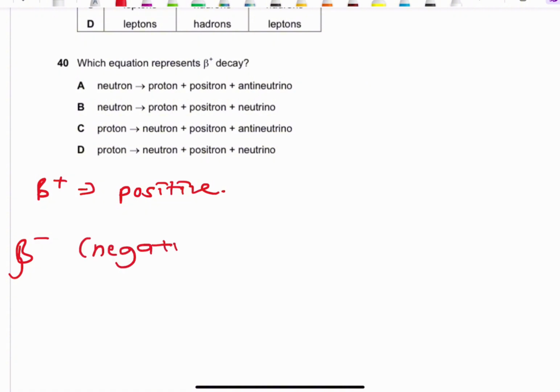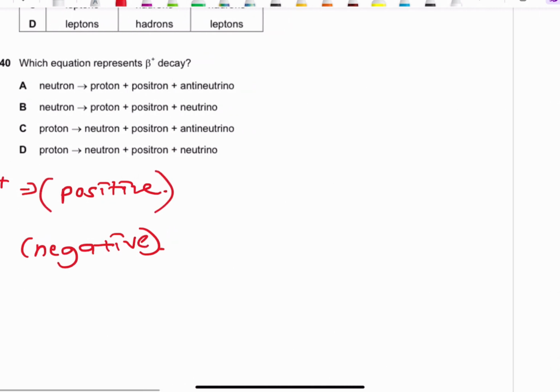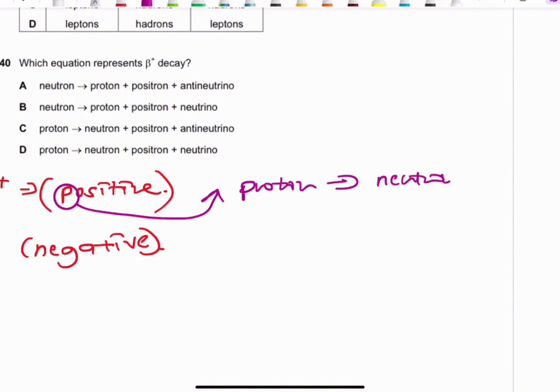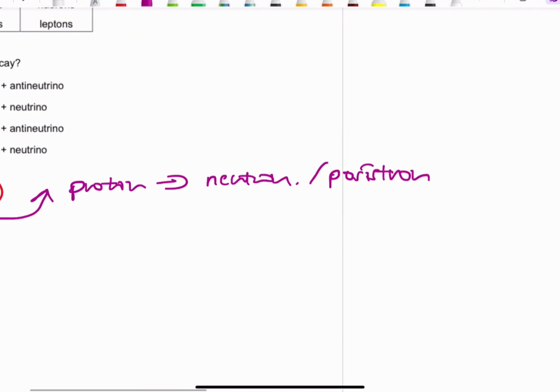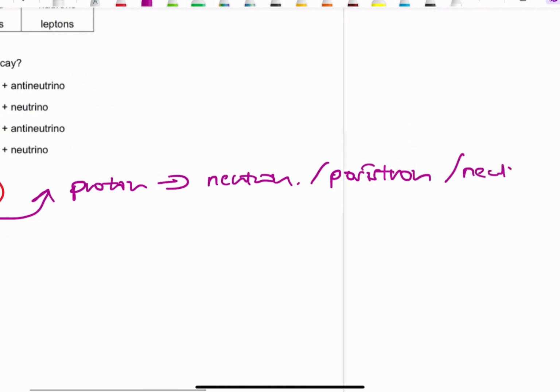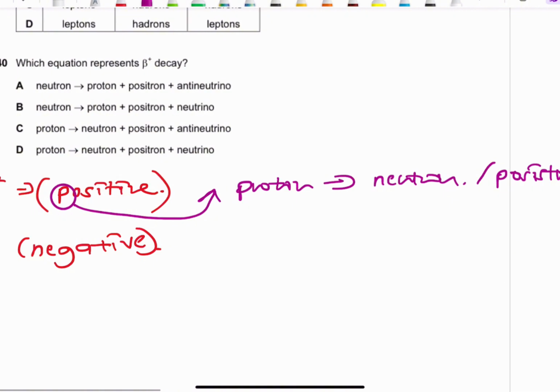So for positive, because positive starts with a P, what starts with a P? It's proton. Automatically, proton goes to a neutron. You've already started your brain to initiate. Then just know if it's proton to neutron, I just need a positron, then you need a neutrino. This will just be secondary information.